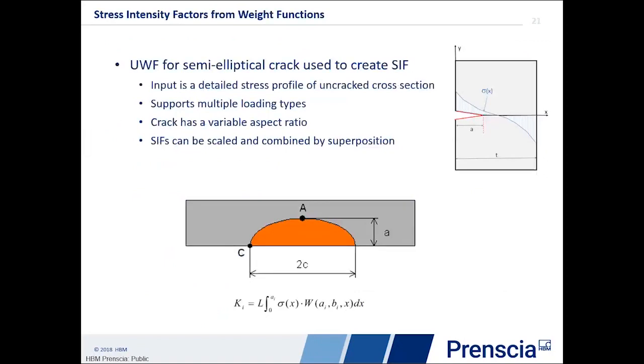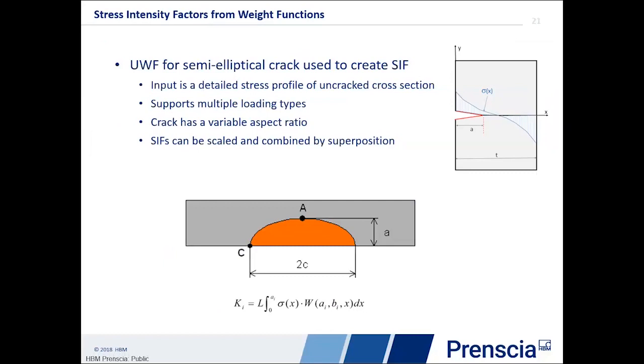The way that we're actually calculating the stress intensities is through weight functions, also provided by Professor Glinka. The concept of a weight function is that I provide a stress profile through the crack path of the uncracked section. So the stresses I'm predicting are the stresses without the crack.